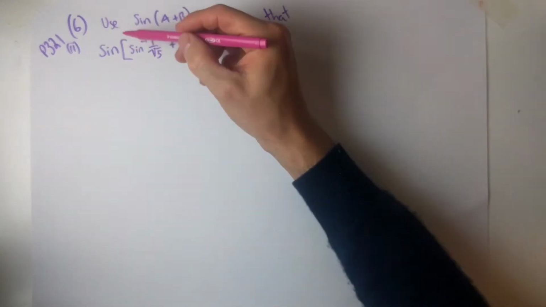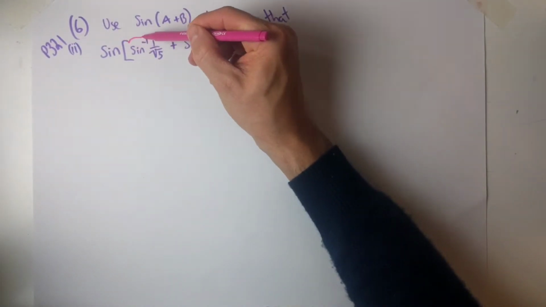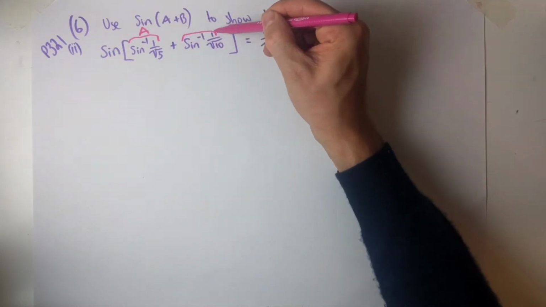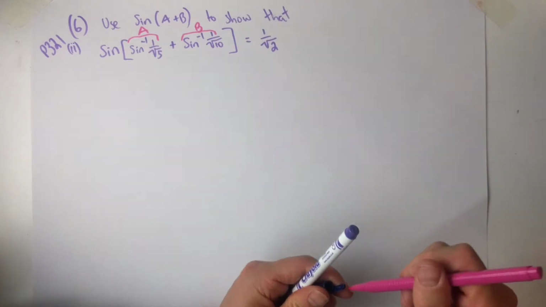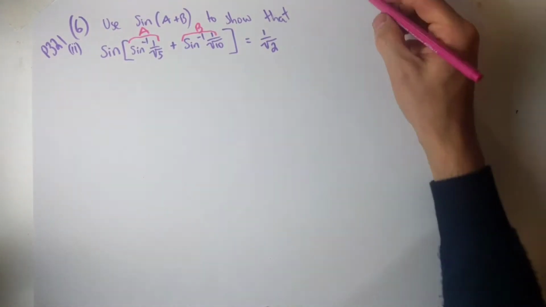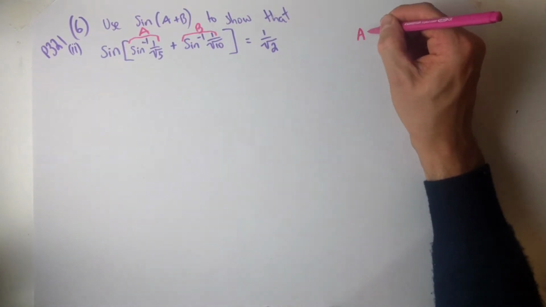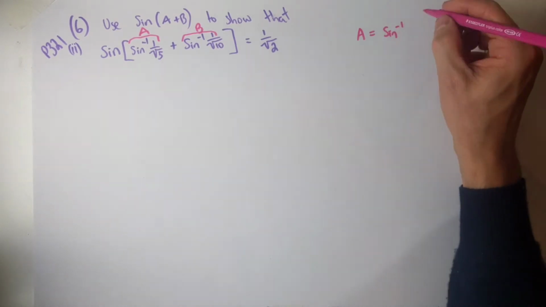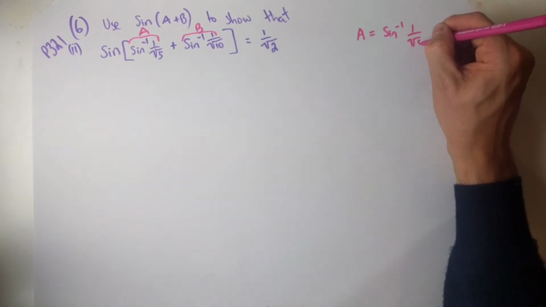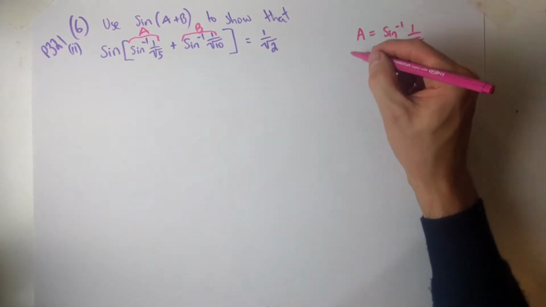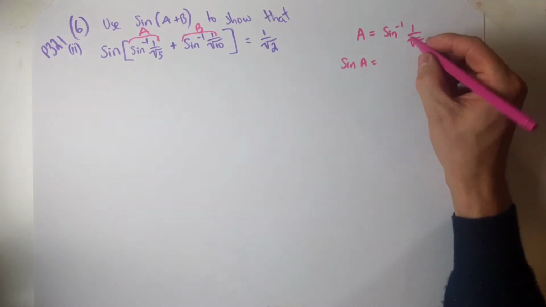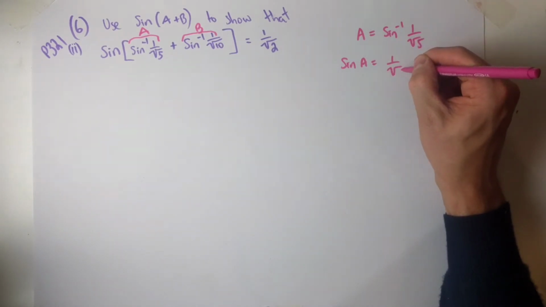So what you have here is one angle A and another angle B. Just over here on the side, if A is equal to arc sine 1 over the square root of 5, then sine A is equal to 1 over the square root of 5.